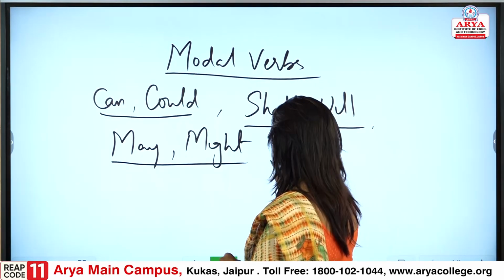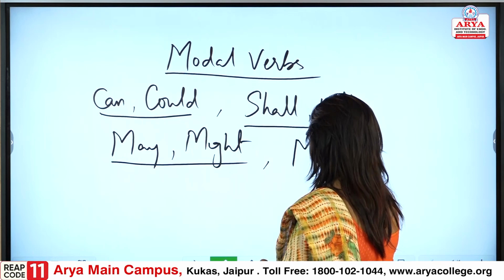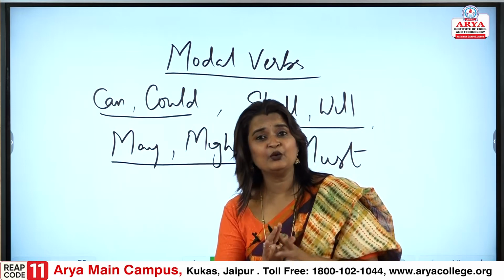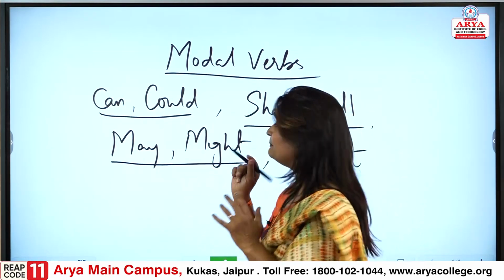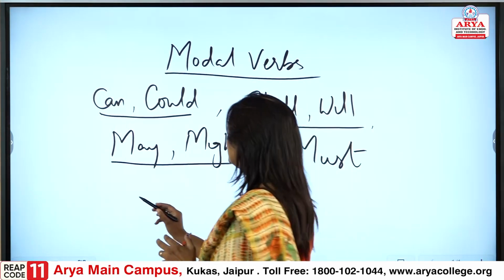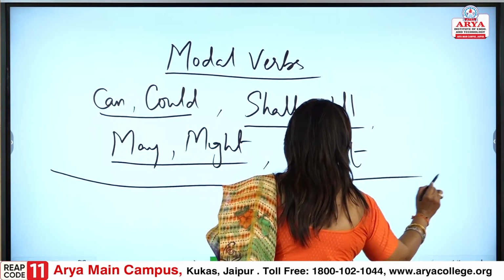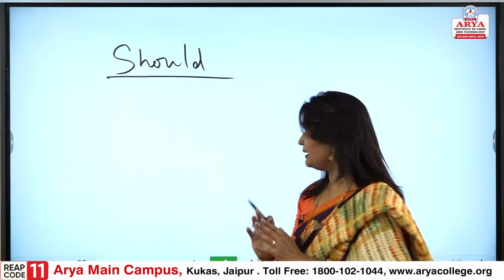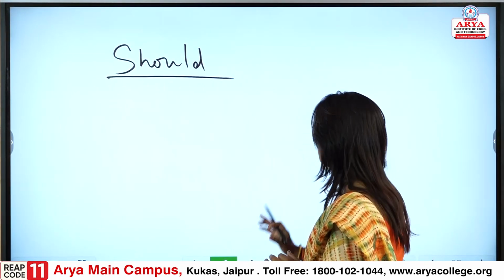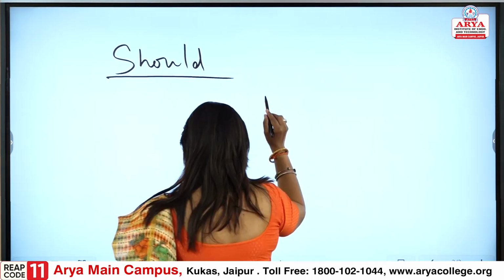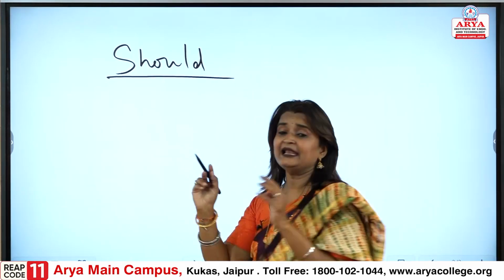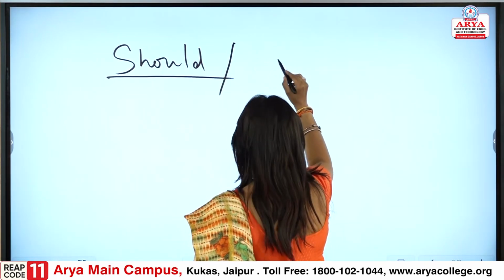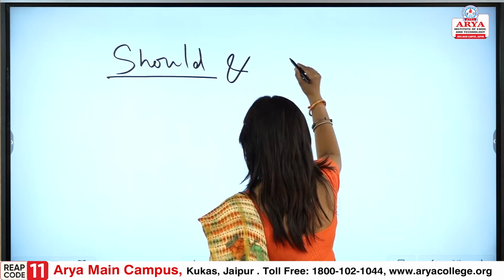Fine. And apart from that, we have also learnt must, what is the right way and how we would be using the modal verb must. This is all that we have completed. Now we would be proceeding further with should.